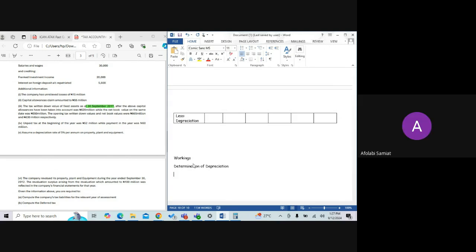So how many years do we have between 2012 and 2018? We have 6 years, right? The next thing then we need to look at is the depreciation rate. What is the depreciation rate, right?